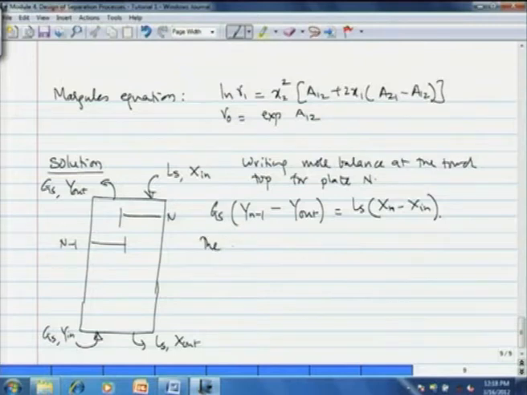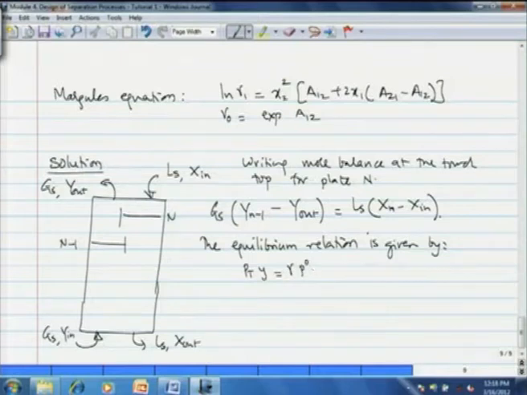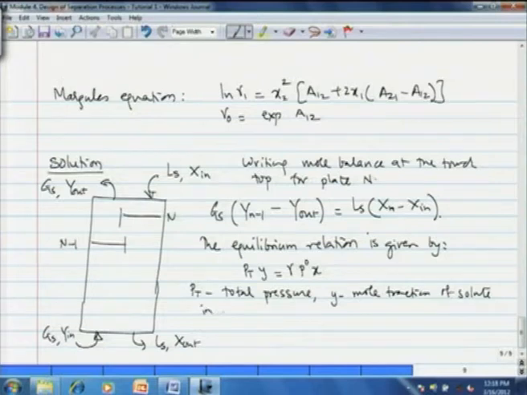Now, the equilibrium relation is given by Pt into Y is equal to gamma into P naught into X. Pt is the total pressure of the tower, Y is the mole fraction of solute in gas, X is the mole fraction of solute in liquid, and gamma is the activity coefficient.